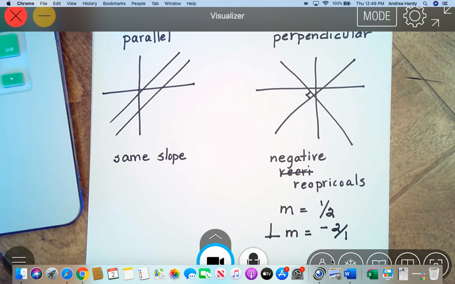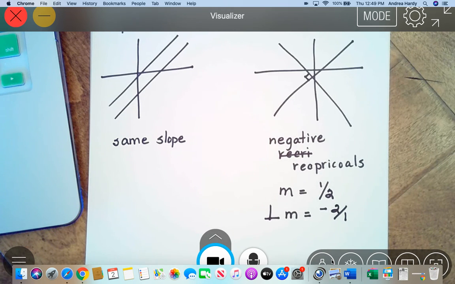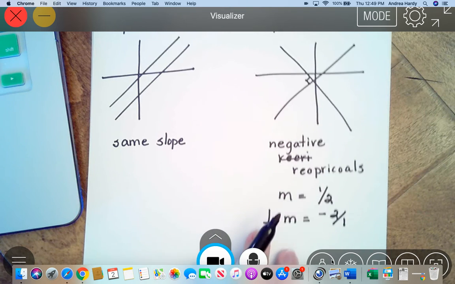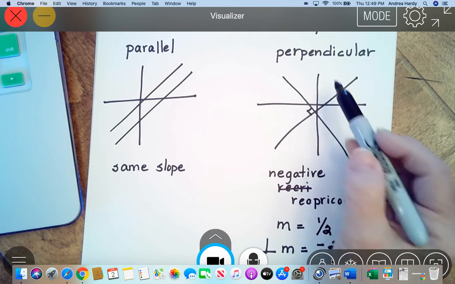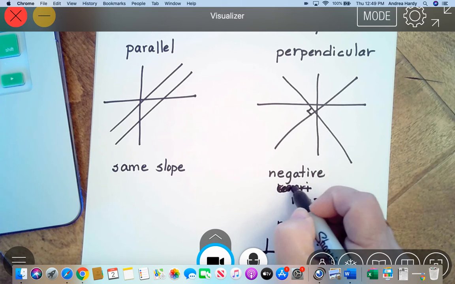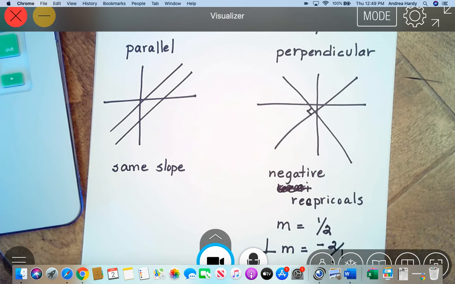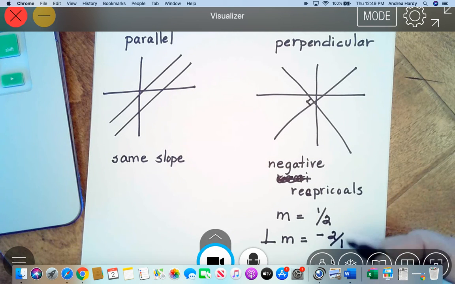Either way. So parallel lines will have the exact same slope. Perpendicular lines are going to be negative reciprocals, which means you change the sign and flip it.